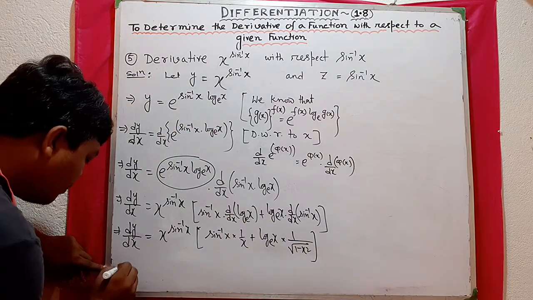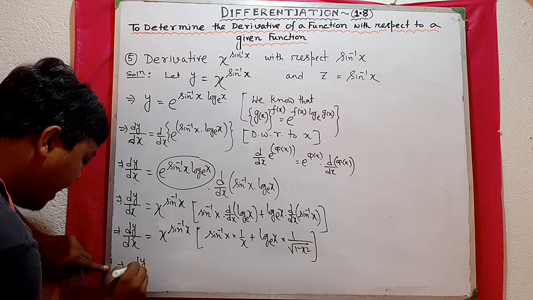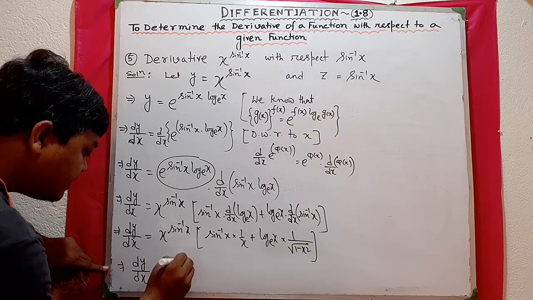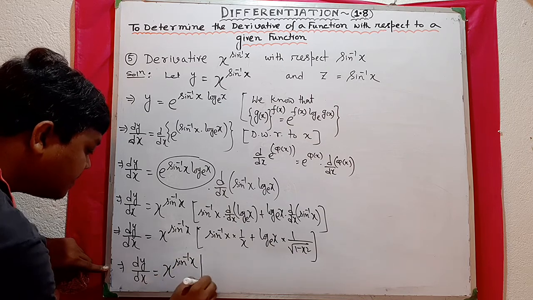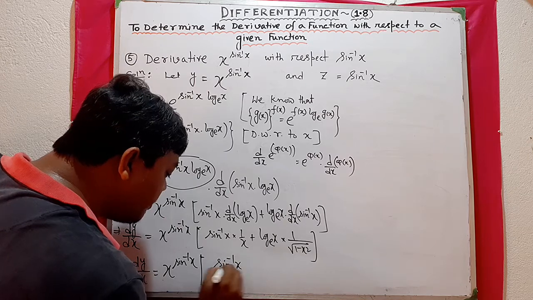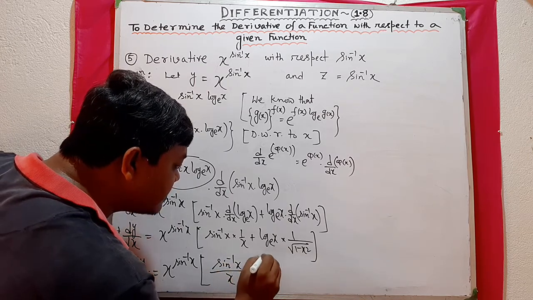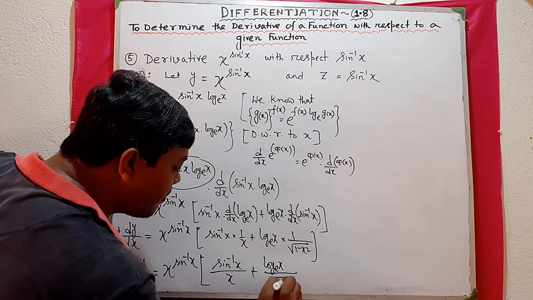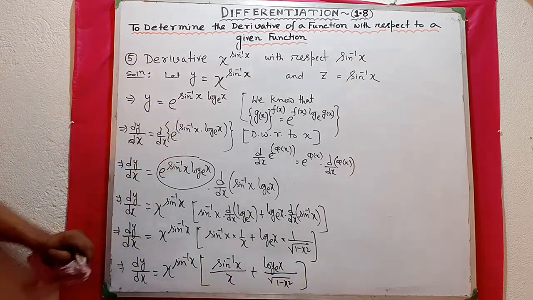So dy dx equals to x sin inverse x, sin inverse x by x plus log x base e square root of 1 minus x square.